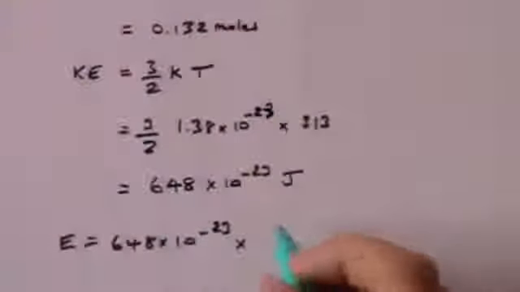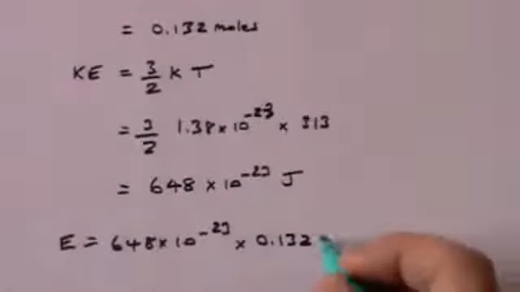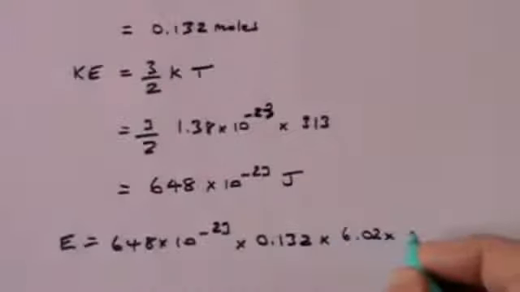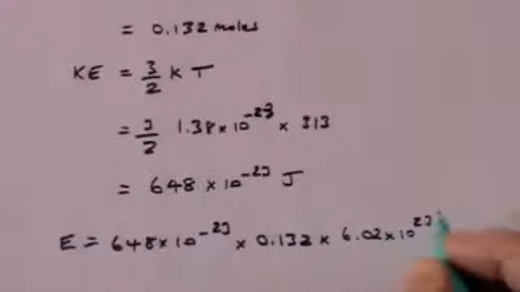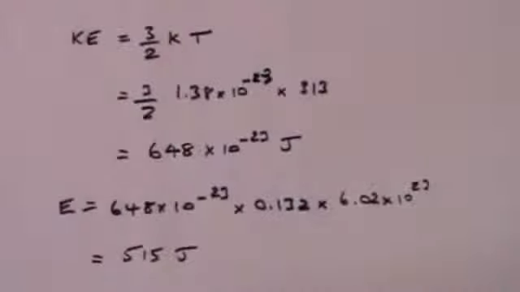So if we multiply by 0.132, we've got the number of moles, and you multiply by Avogadro's number, 6.02 times 10 to the 23, to get the number of molecules, and that will give you 515 joules. So the total internal energy of the gas is 515 joules.